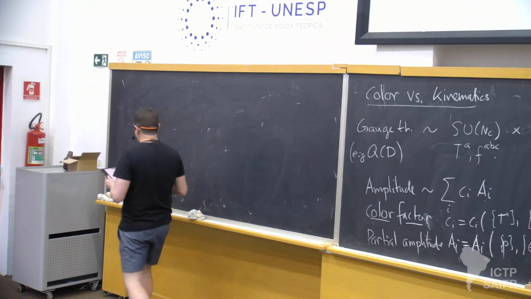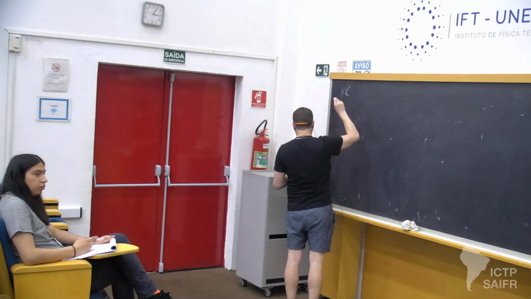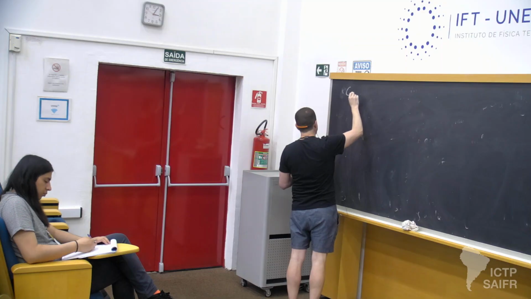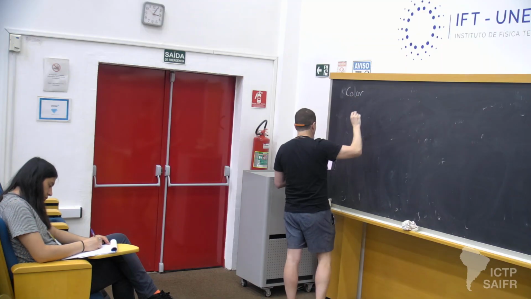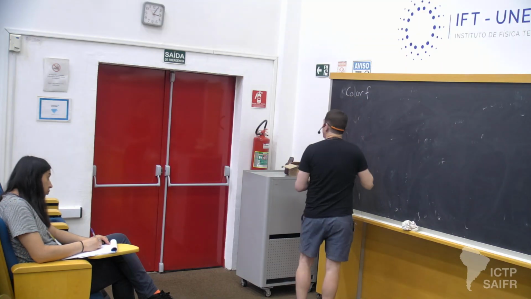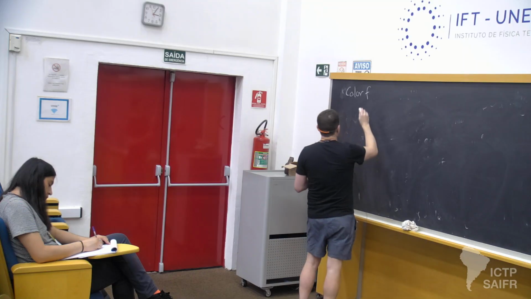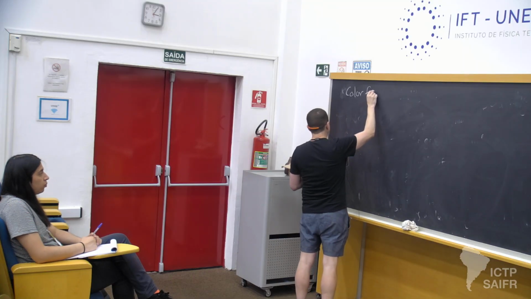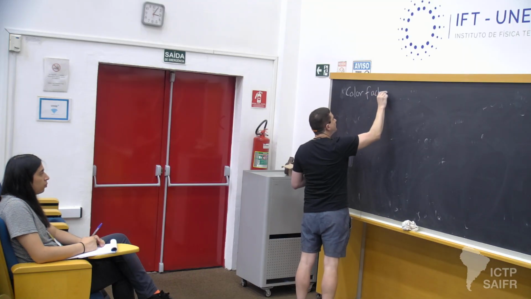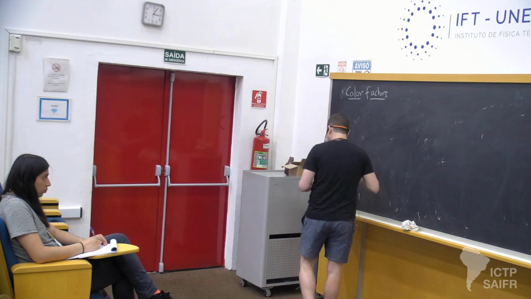Okay, so color factors. I'm not going to do it the formal or textbook way, of course. I'm just going to do what is needed. What do we need to know in order to do amplitude calculations?